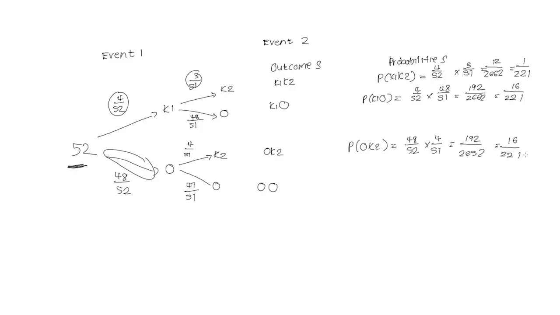Looking at the last branch and the last event, the probability of obtaining another card in the first event and another card in the second event is equal to 48 divided by 52 multiplied by 47 over 51.